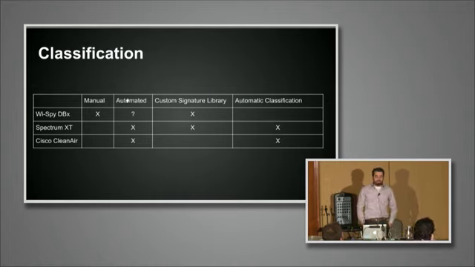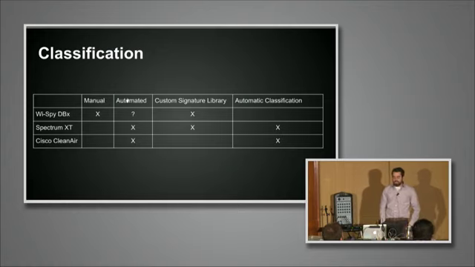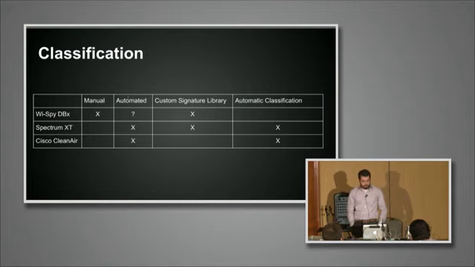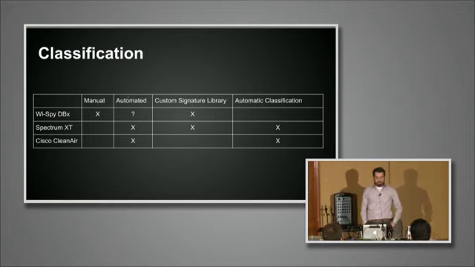Okay, so let's talk a little bit about classification. Now we're still in the hardware section, and some of these devices are going to do classification from the chipset itself. The YSpy DBX has a manual type of classification. The automated, we'll talk about that a little bit more.